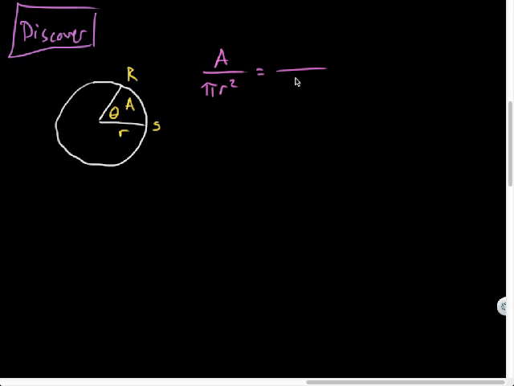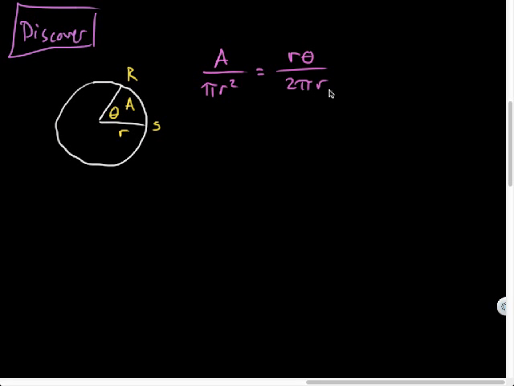So the length of our arc is what in terms of this? We just had the formula a moment ago. R theta, right? And the circumference of a circle? That's the 2 pi r.